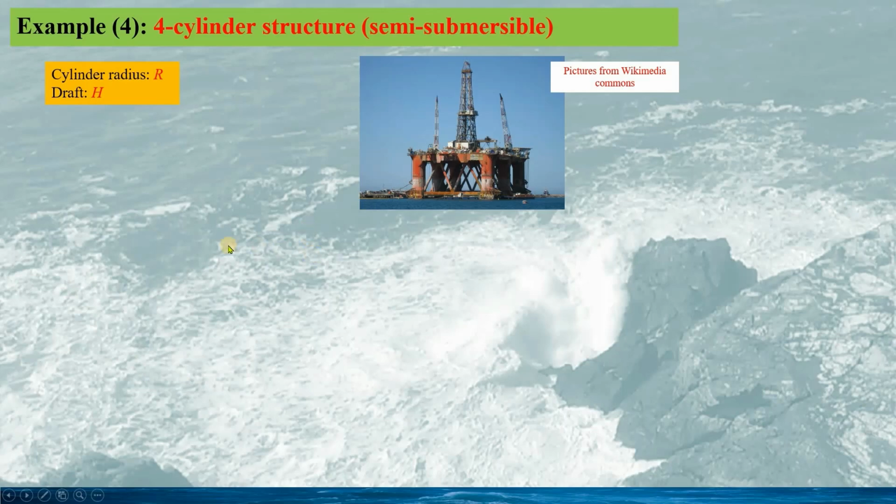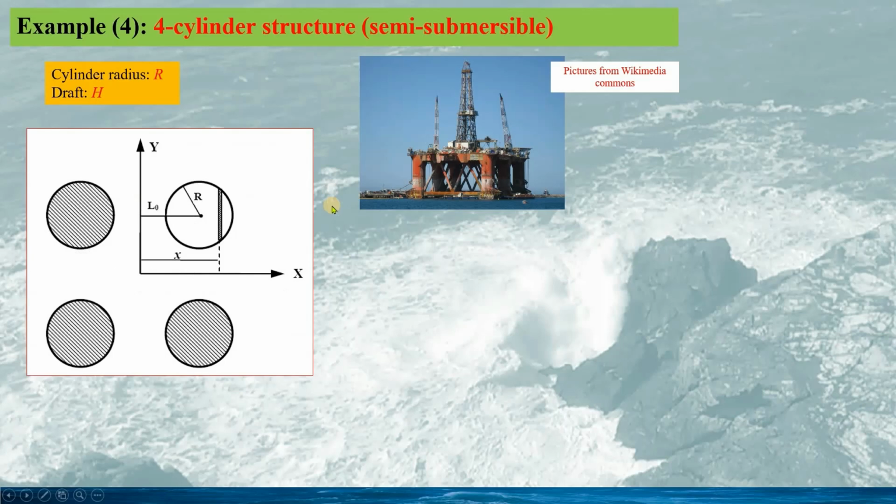The fourth example, we will see a semi-submersible with 4 circular cylinders. We assume the cylinder radius is r and the semi-submersible shaft is h.